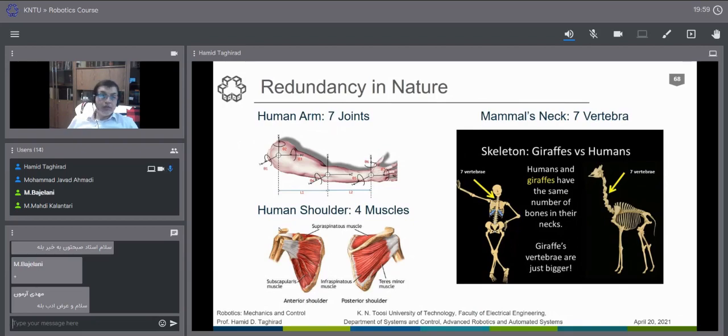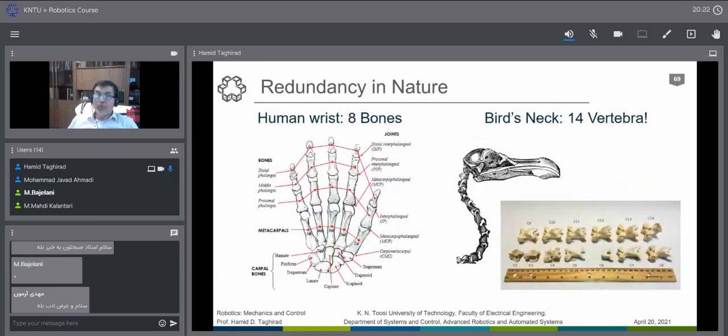Or for a shoulder manipulator that has 3 degrees of freedom motion, it usually has 4 muscle groups, 1 degree of actuation. In the neck, for 6 degrees of freedom, for the mammals, you have 7 vertebrae, but in the birds, this redundancy goes up to 14 vertebrae.